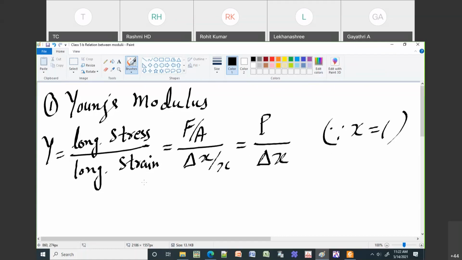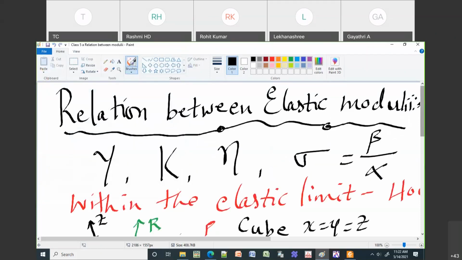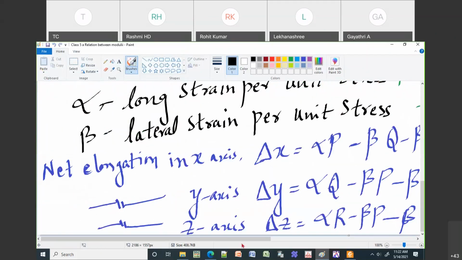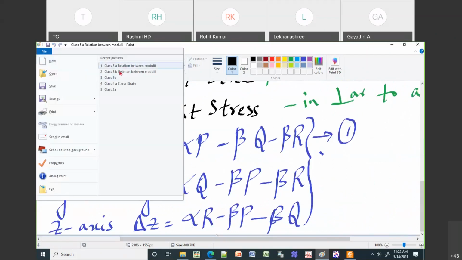Okay, so now if you take equation 1, I will write the equation number 1 again.